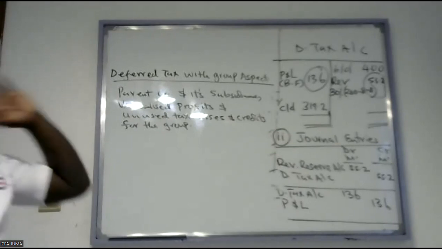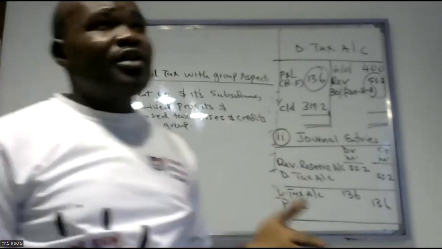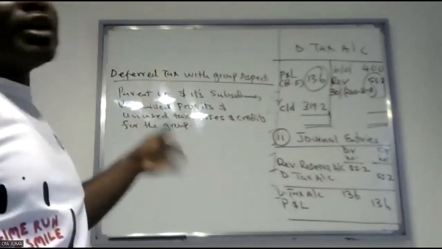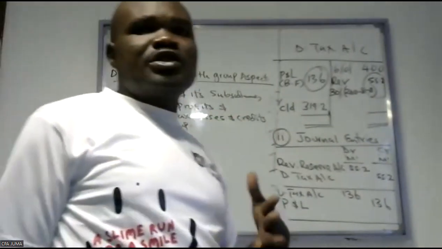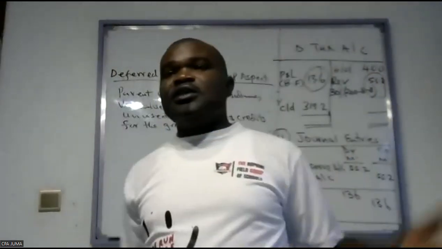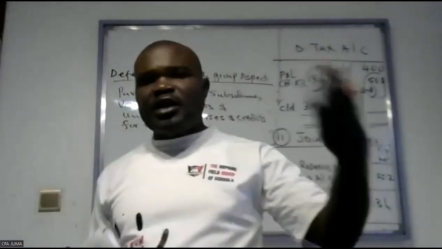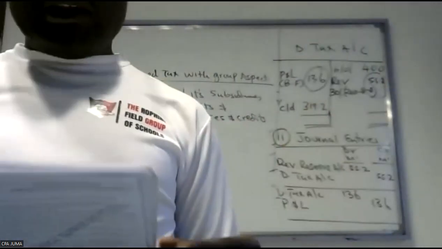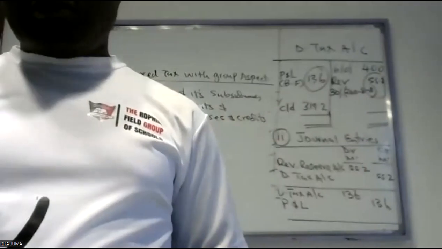There are many words. Since they introduced it, I think it was in the pilot paper, then the September 2021 sitting. So what you need to know: deferred tax group aspect is whereby you compute deferred tax for a group of entities, that is parent and the subsidiaries, focusing majorly on the unrealized profits, the tax losses, and the unused credits. I think when we do a question, it can come out clear.